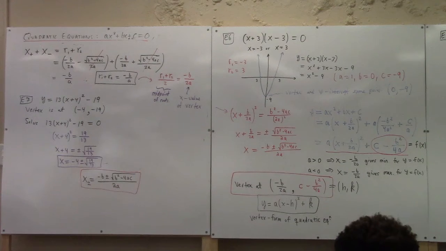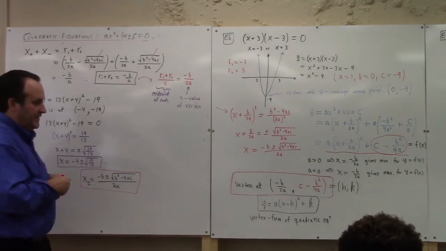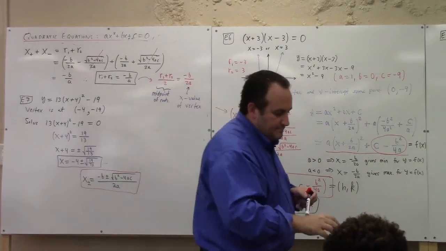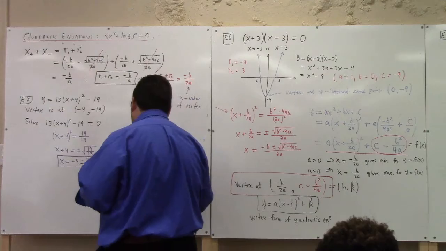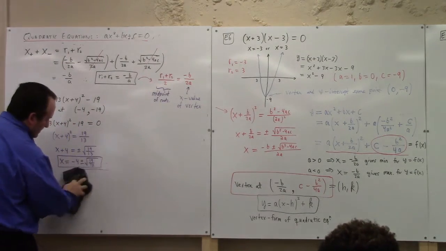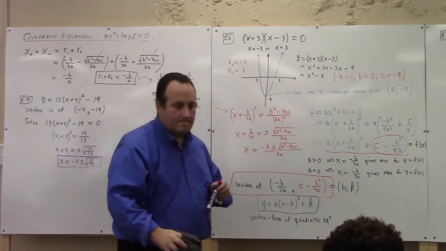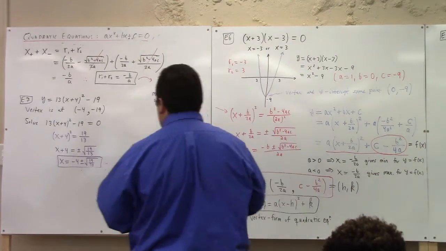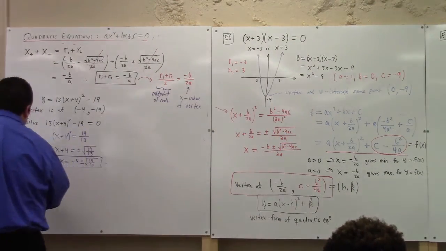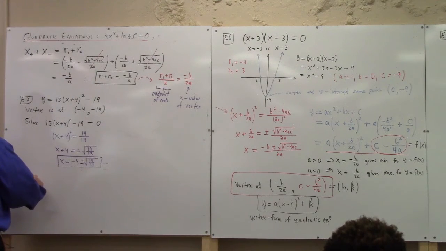What's the y-intercept of this parabola? If I was to ask you that, what would it be? What do we do to find the y-intercept?